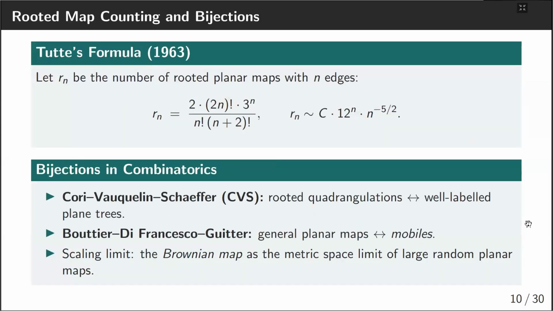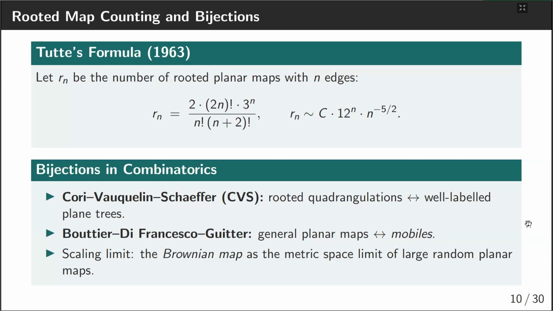So Tutte's formula is what he came up with in 1963. Let R_n be the number of rooted planar maps with n edges. And this is a combinatorial formula he came up with. And this is approximately C times 12^n times n to the negative 5 halves. And this is bijections in combinatorics.